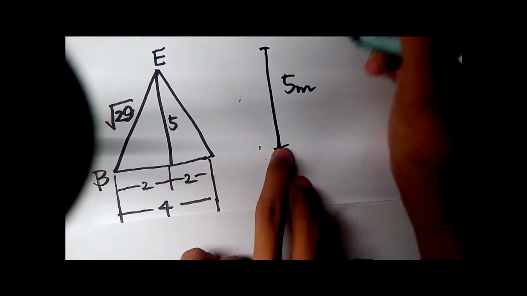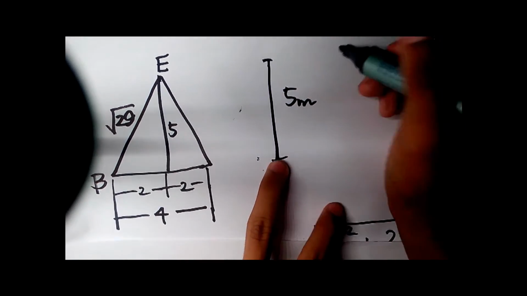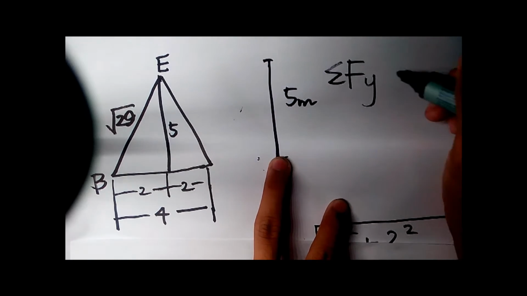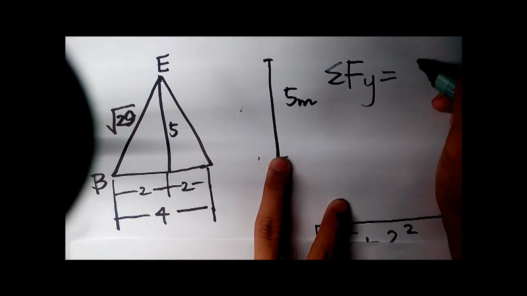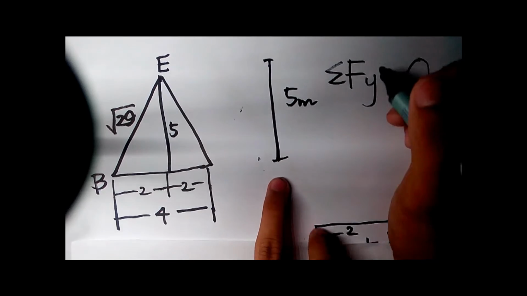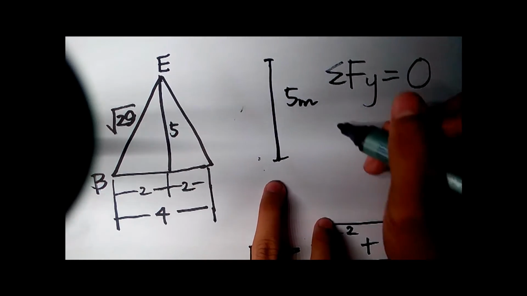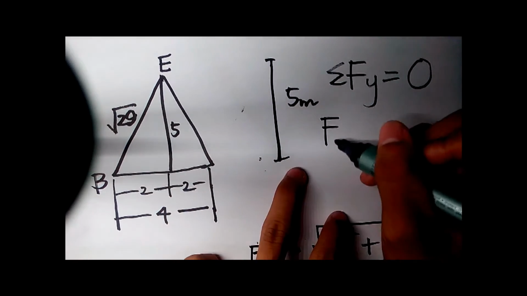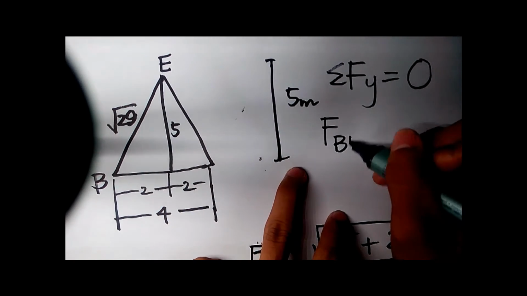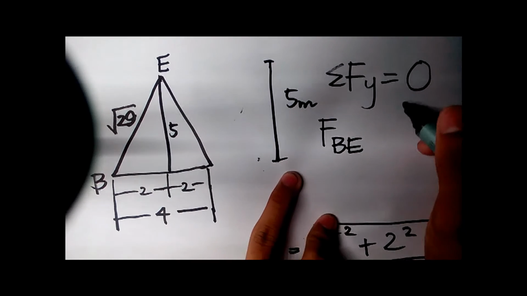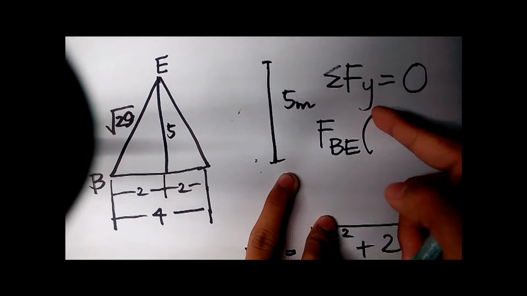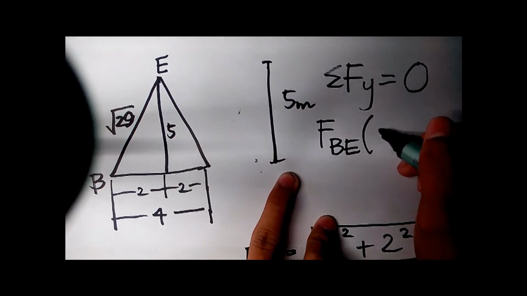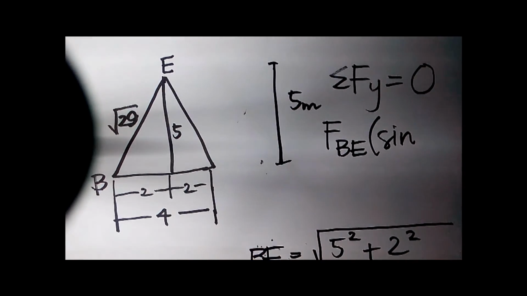So it is in equilibrium. So it is equal to 0. The force of BE multiplied by its angle. So since it's the force in y, it is sine times the angle.